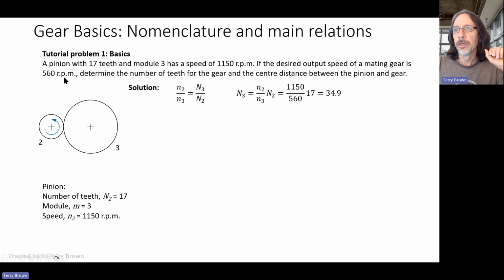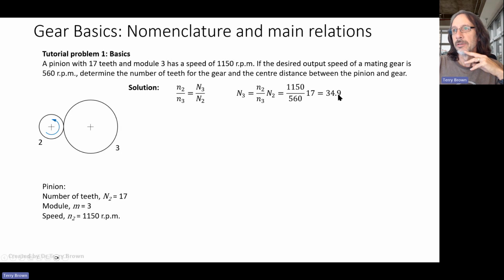But another thing that you can use to help you make that decision is that often, or nearly always, the specified output is not an exact speed, right? It might be a speed plus or minus 1%, 5%, 10%, and that will tell you whether rounding up or down will do.